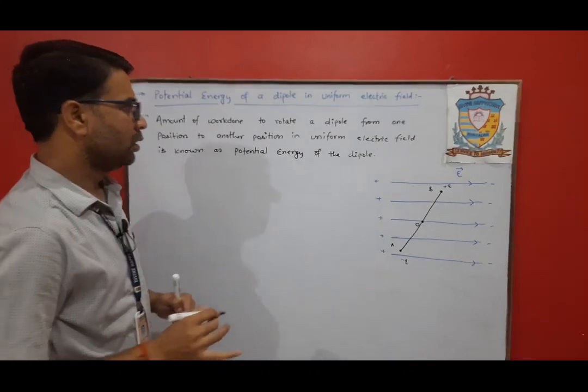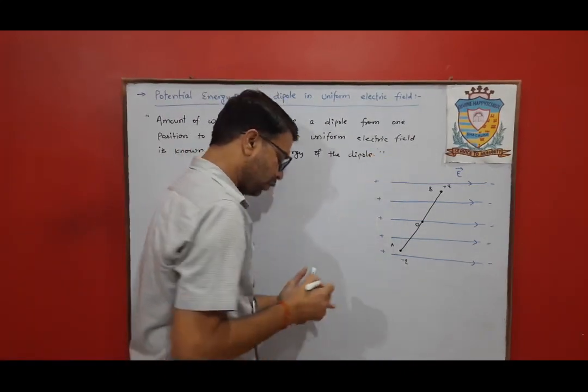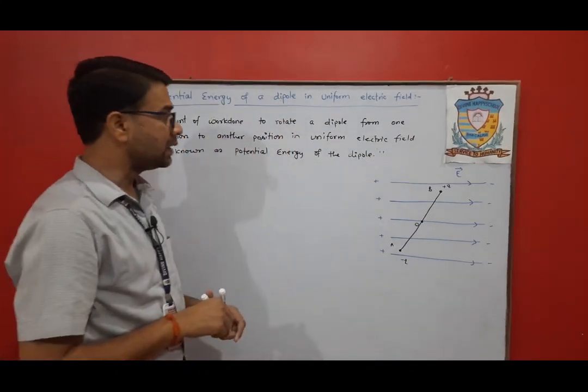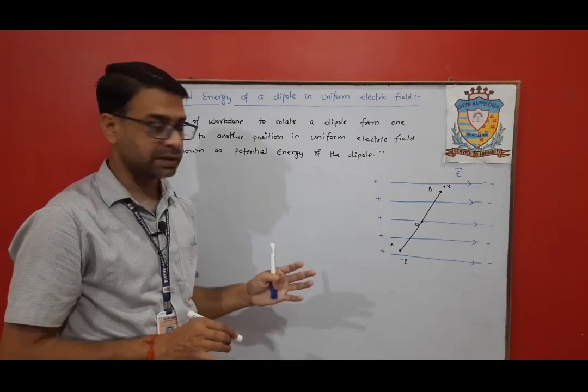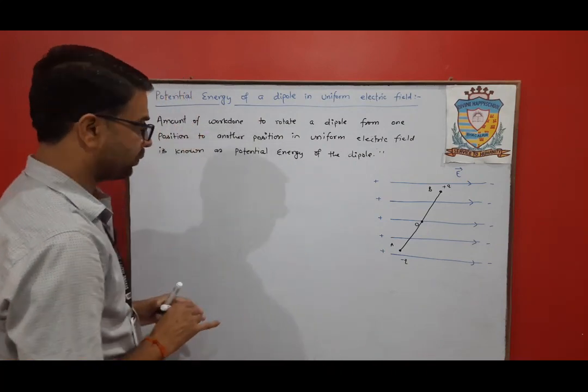Clear? So, as we know that what is potential energy? The energy possessed by any object by virtue of its position is known as the potential energy. Clear?